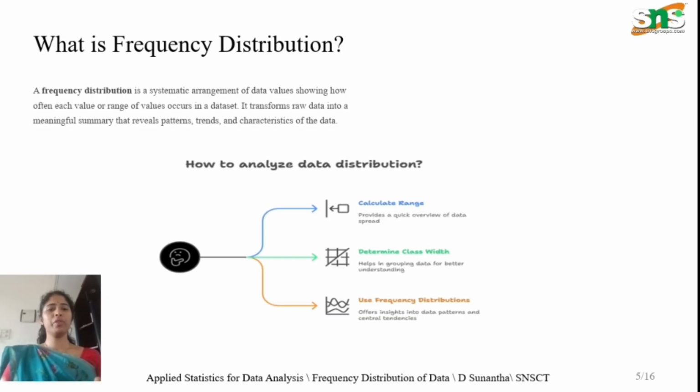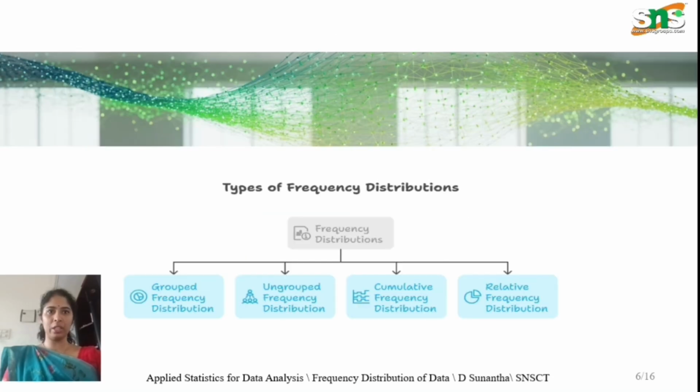For example, suppose we record marks of 50 students. Instead of listing all the 50 marks individually, we can organize them into intervals such as 0 to 20, 21 to 40 and till 81 to 100, in terms of 20 intervals. So this makes it easy to count the number of students, and this makes interpretation much easier.